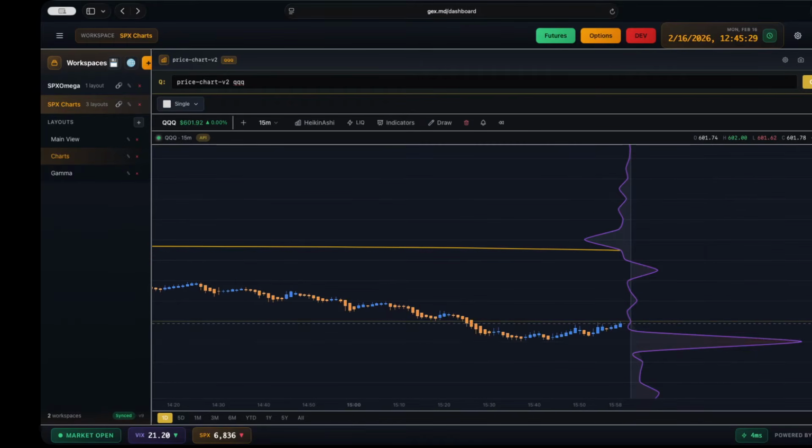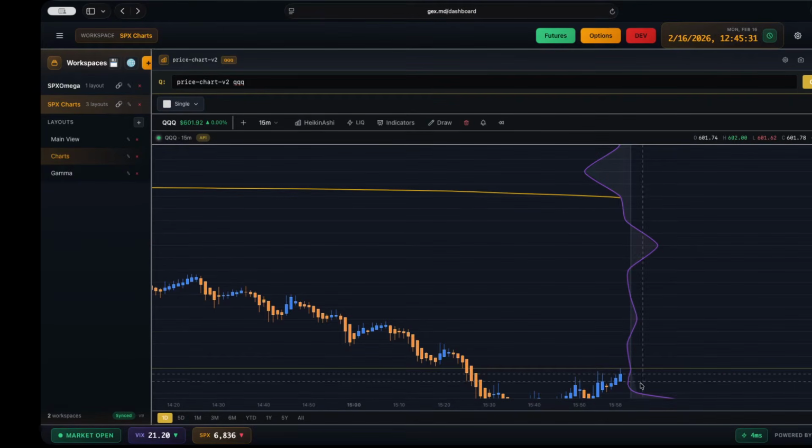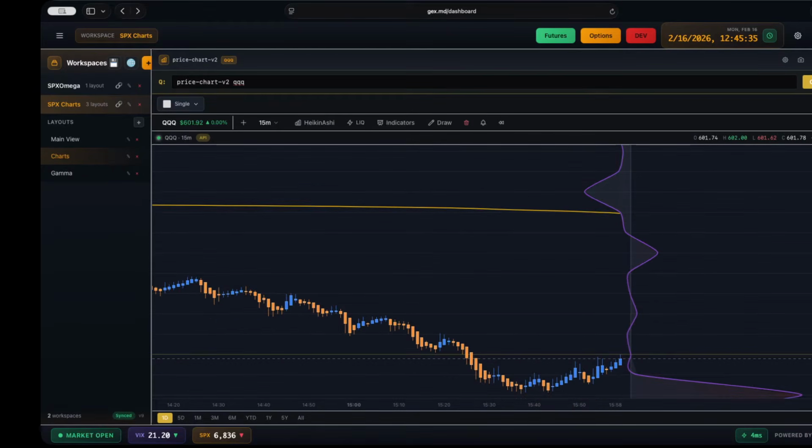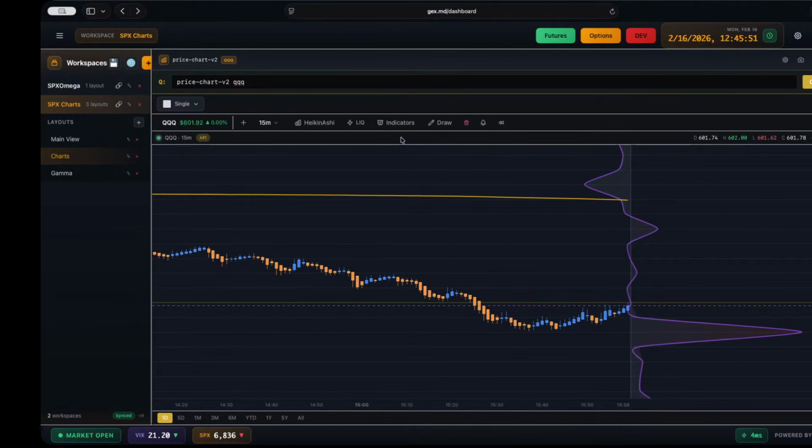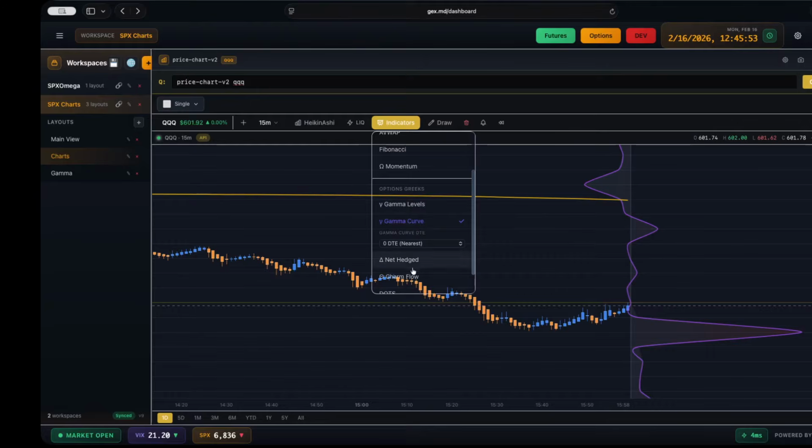Now, when QQQ goes through this, they can fly. They're going to fly really fast because the curve is thin, it's very small. So you can fly from 61.1 to 65.5 in no time. Let's see what we have in the middle.